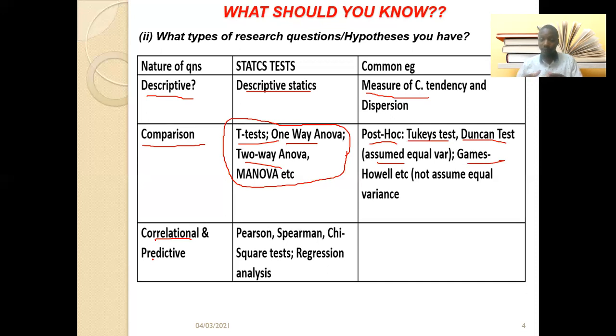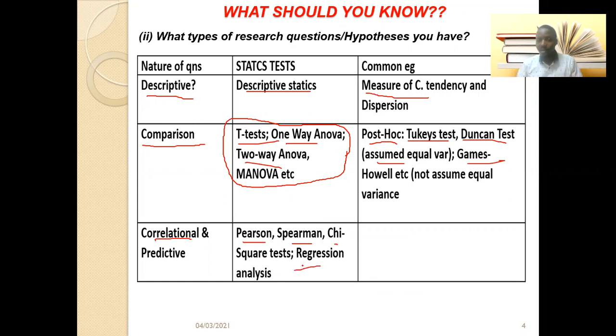Suppose you are comparing the GPA of students, maybe student A and student B, and you want to see what the performance of particular students could be in 10 years to come. If the GPA of this year is 2, then you go for what we call a predictive kind of study, regression analysis.